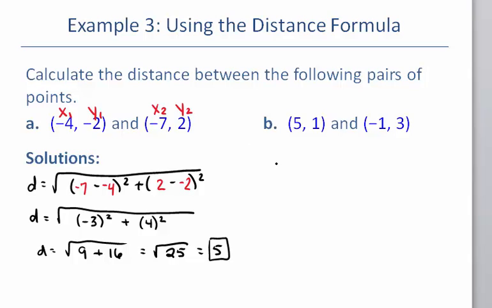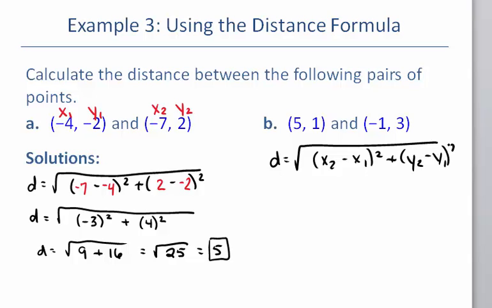Let's look at our second example. We'll work it the same way. We'll begin by writing our formula down. And then we will label our points. So our first point is the point 5, 1. So we have the first x as being 5, and y1 being 1. Our second point, -1, 3, we have x2 as -1 and y2 as 3. And we'll do the same thing, substituting those values into the formula.